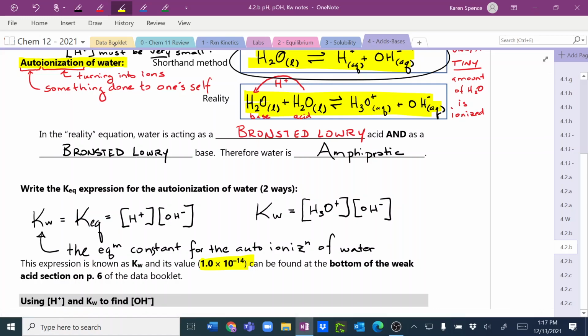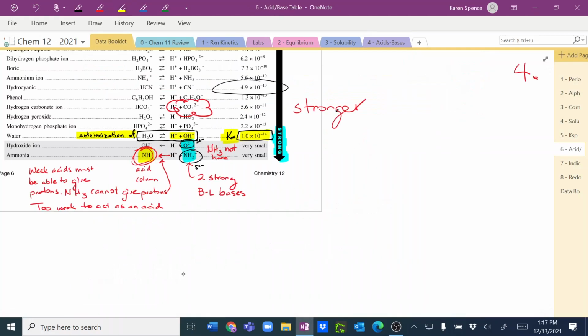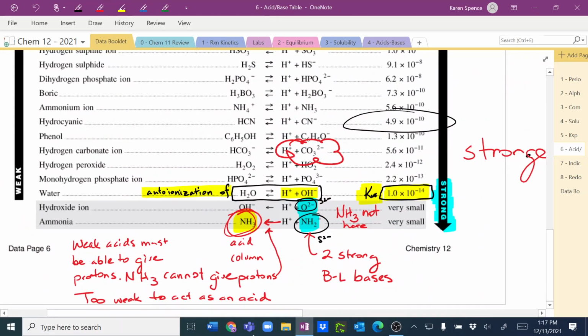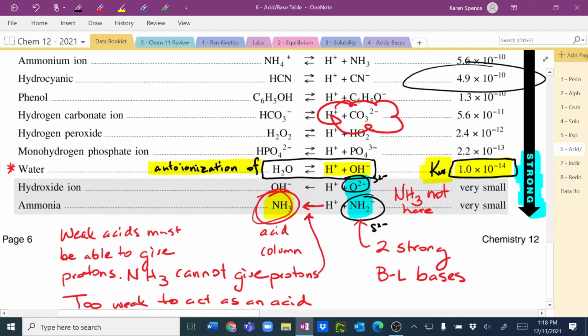Let's go look at our data booklet. Here we go. Down at the very, very bottom, right before we hit the strong base area, you can see that we have water dissociating into H plus and OH minus. That is our autoionization of water.